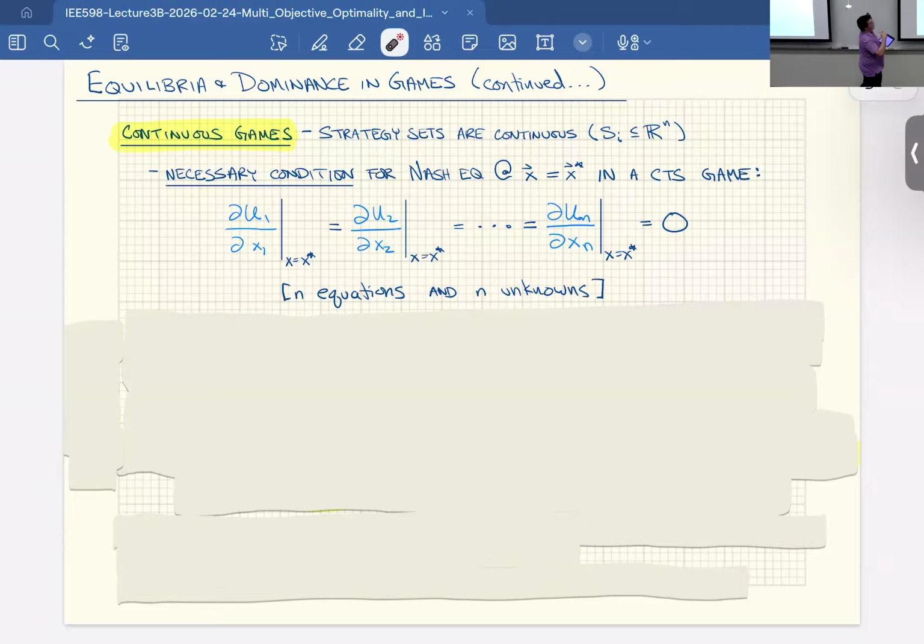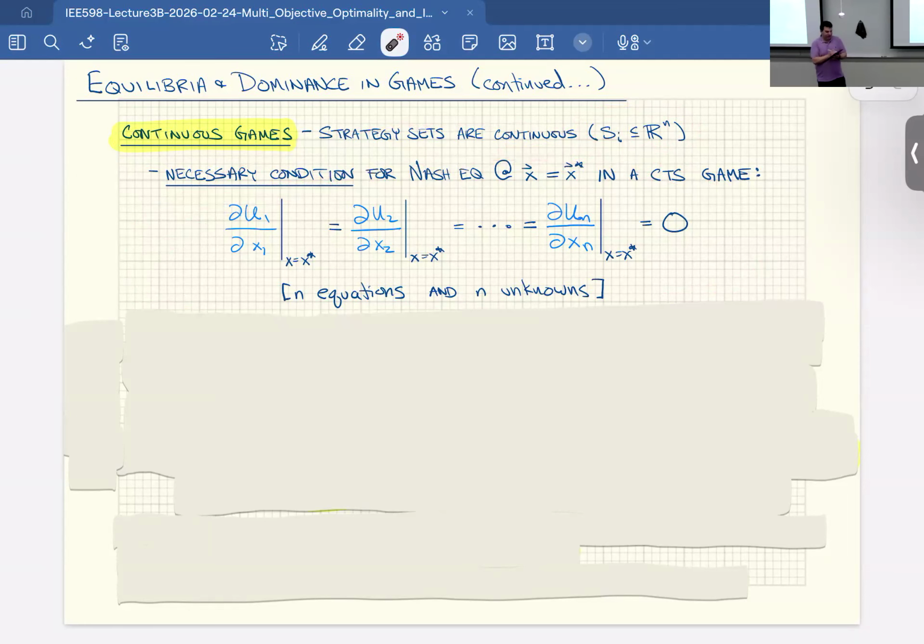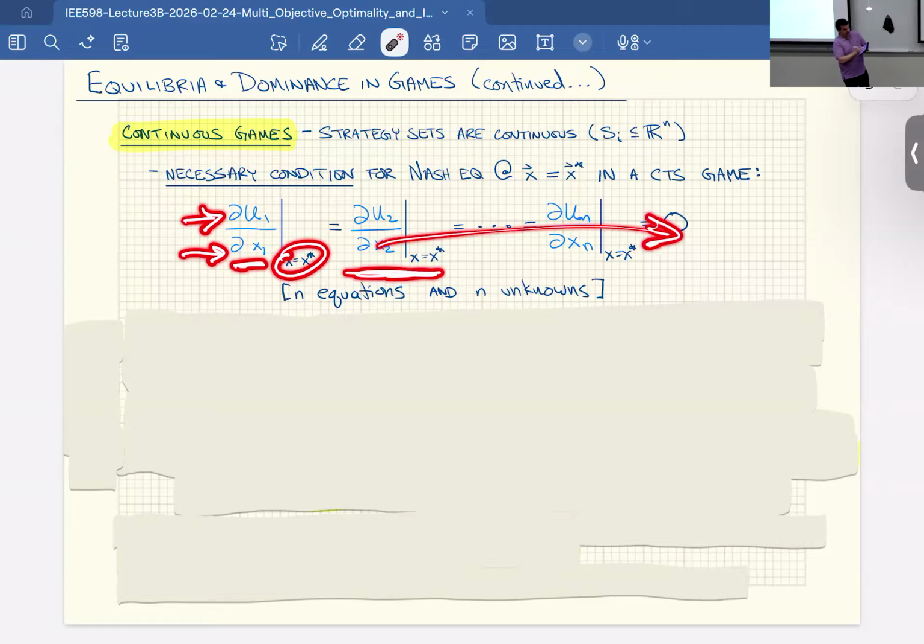And so you get the same payoff structure though. And so for every choice, you get a payoff to every agent that's based on the choices of other agents too. And the necessary condition for a Nash in a continuous game is this partial derivative. So the partial derivative of the utility for agent one relative to its decision variable when evaluated at the Nash, basically they're all equal to 0 is what I'm going to get here.